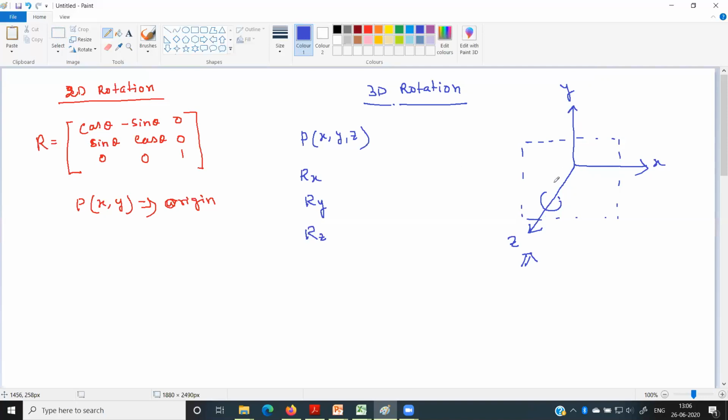If any point is present on this plane, and you rotate it from this position to this position, so this is the original position of the point P. Now you are rotating the point P from this position to this position, and it now becomes P dashed.